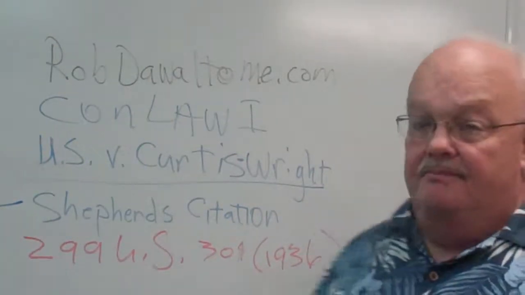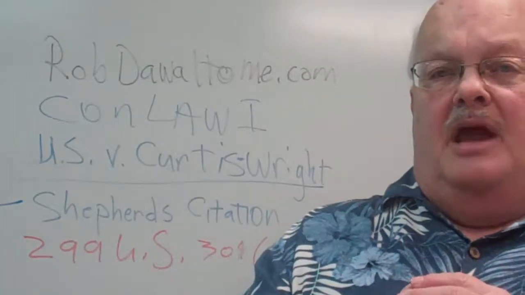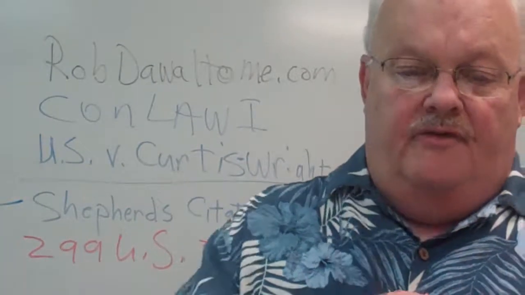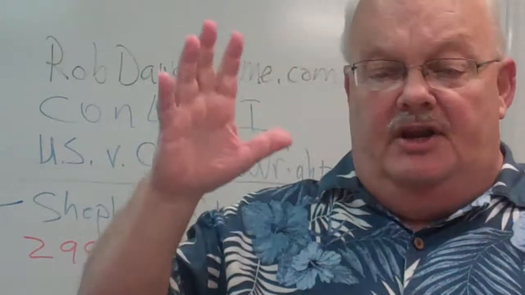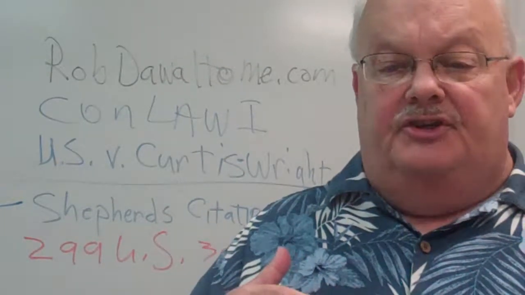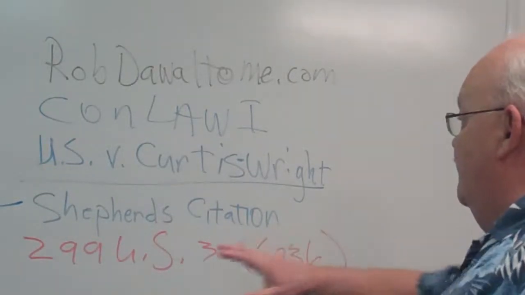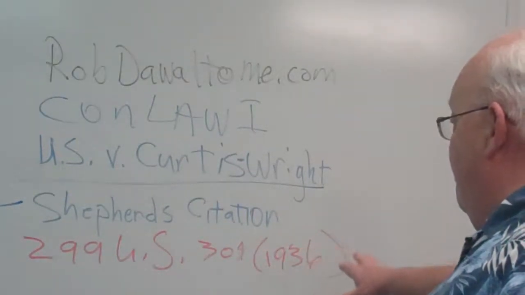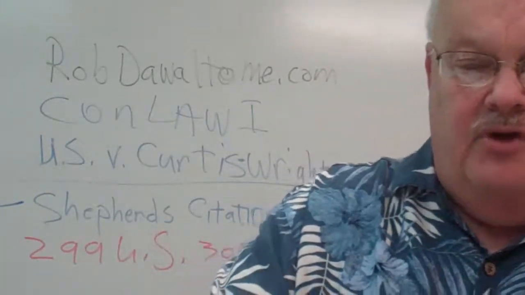So always include that information at the top of your paper before you start your brief. That's one of the big things I've been noticing. I usually would say just go ahead and center it at the top and then put United States versus Curtis Wright Export Corporation, 299 U.S. 304, 1936.